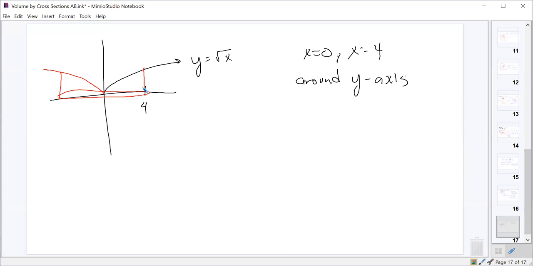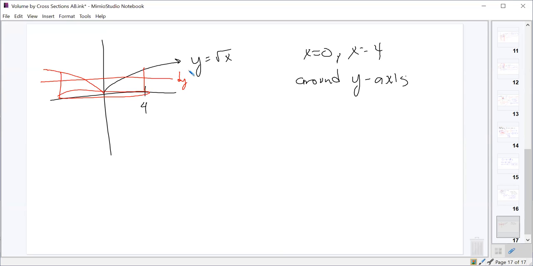Three-dimensional little, I don't even know what you would call that thing. And if we slice it this way, what do we get? dy. We get dy, and what does it look like? Looks like washers, right?